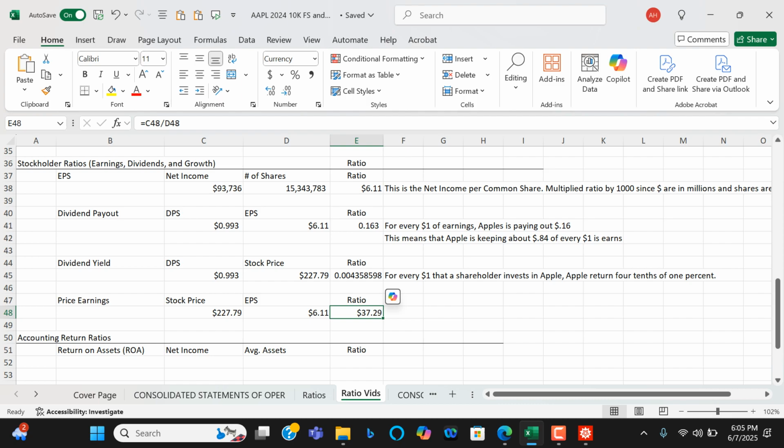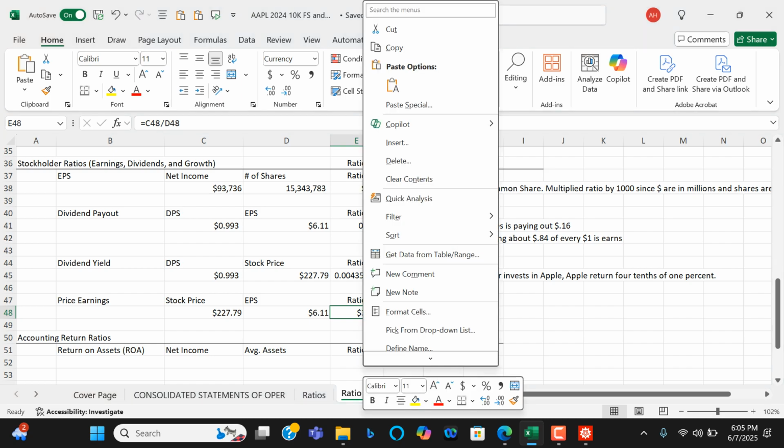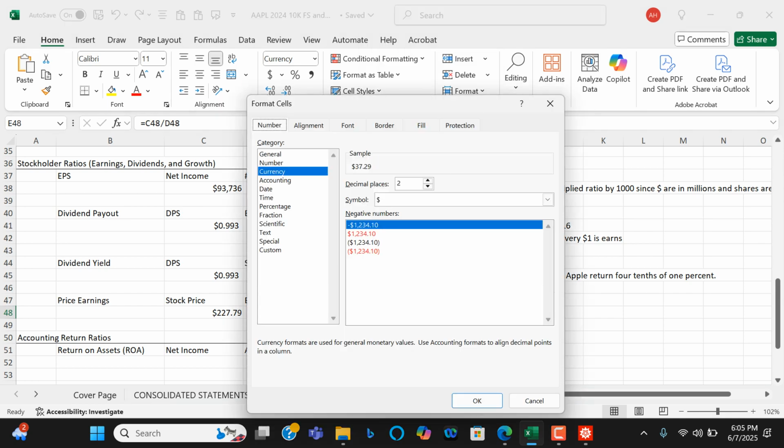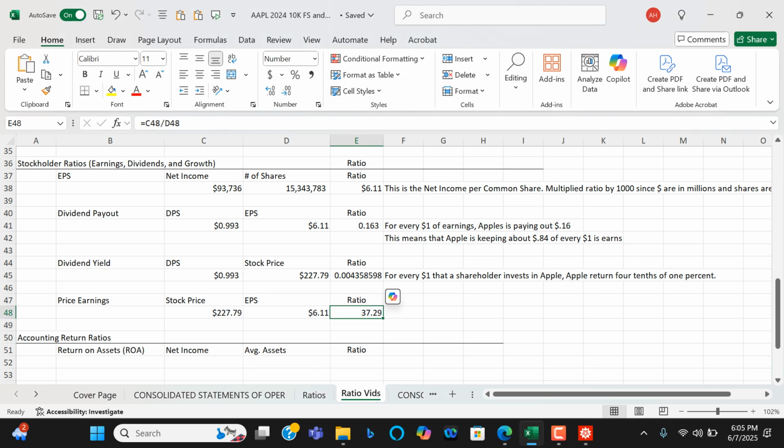The PE ratio is usually not interpreted in terms of dollars. It's usually labeled as times, so I'm going to take the dollar sign off. So Apple has a ratio of 32 times. I'm going to say Apple has a PE ratio of 32 times earnings.